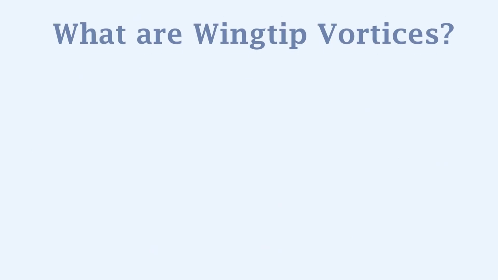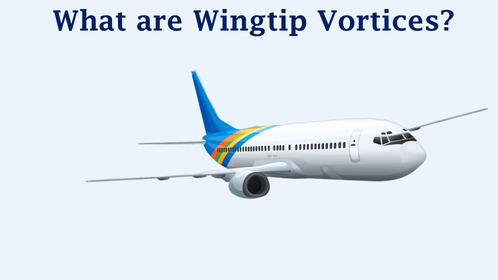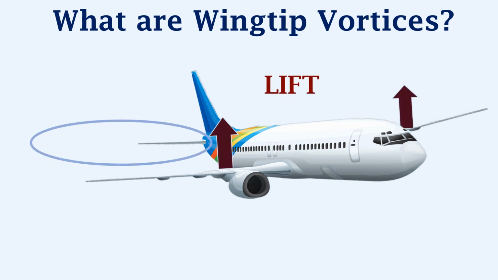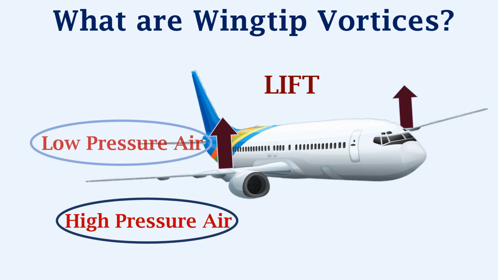What are wingtip vortices? Let's consider an aircraft in flight. The lift force that is created on the wings is because of a pressure difference between the top and the bottom surface of the wings. Below the wings, we have high pressure air, and above the wings, we have low pressure air.